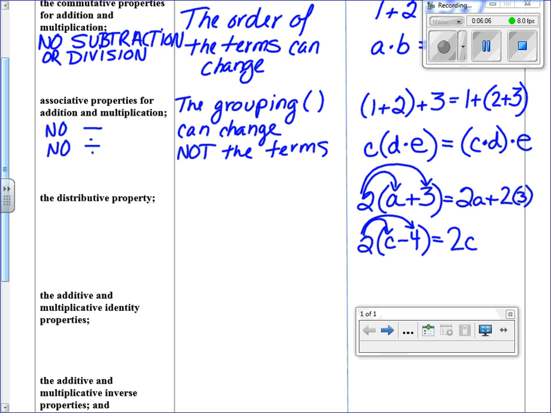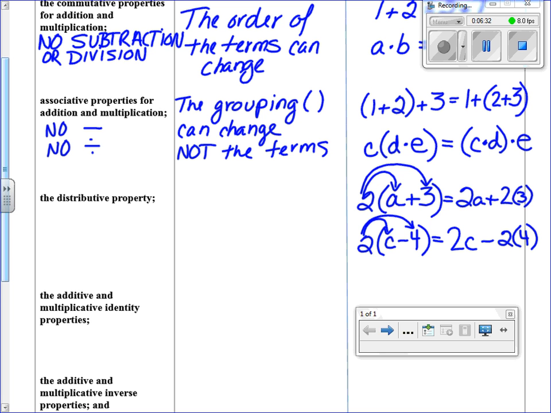If you don't draw 2 arrows, then you're doing it wrong. Okay? If you're not multiplying that 2 to everything inside that parentheses, you've messed up. If you only multiply to the first thing in parentheses, you're not going to get it correct. So 2c, here I can bring my minus sign along. Okay? This does work for subtraction. And then 2 times 4. If you wrote 8, that's perfectly fine as well.